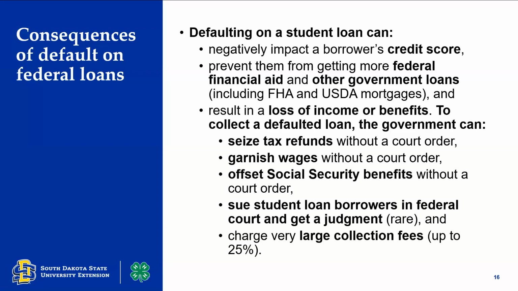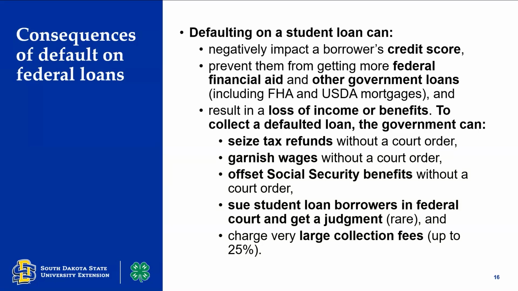You could lose income or benefits because of that default. To collect a defaulted loan, the government could seize tax refunds, garnish wages, offset Social Security benefits, or even sue student loan borrowers to get a judgment. And they could even charge really large collection fees.